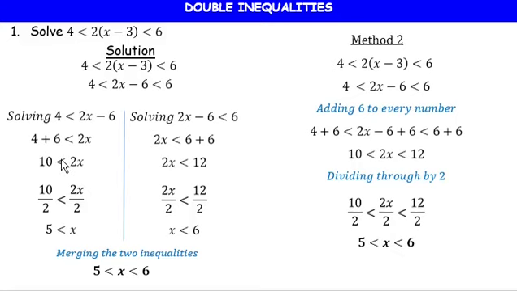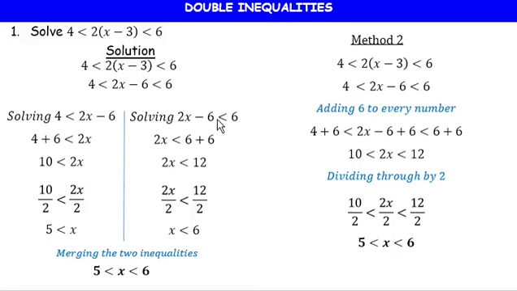So we have 10 is less than 2x, or 2x is greater than 10. Then we divide both sides by 2. We have 5 is less than x, or x is greater than 5. So that's how you read it. We are done with the first part.